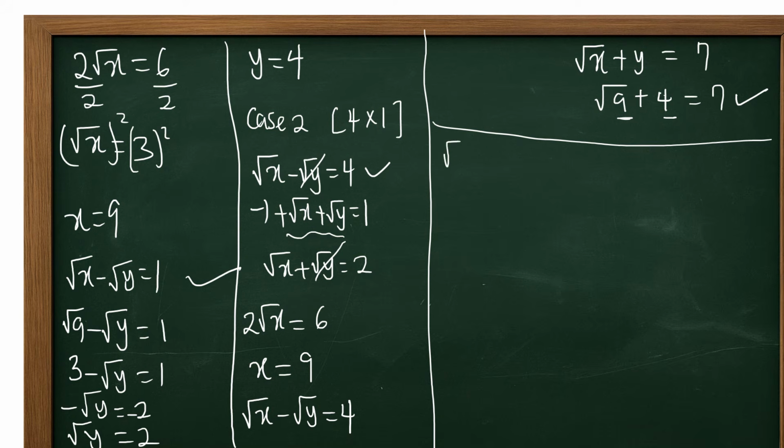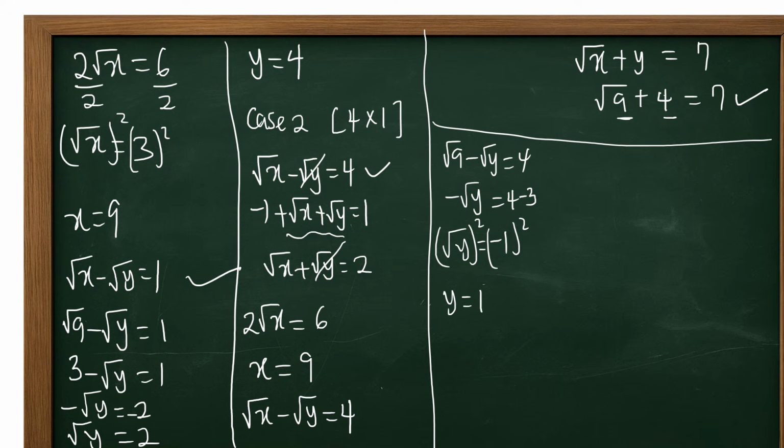Now, the square root of 9 minus the square root of y equals 4. Negative root y is now going to be 4 minus 3. That is, the square root of y is going to be negative 1. Squaring both sides, y is going to be 1.